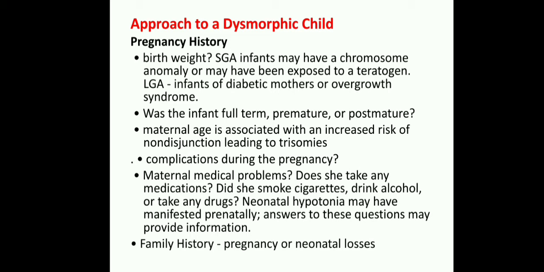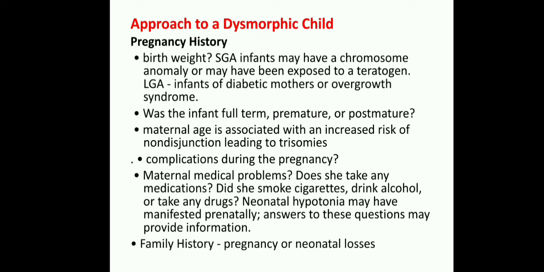And then next one is the maternal age. If the mother's age is advanced, it is associated with a high risk of non-disjunction leading to trisomies. Here, because of trisomy 21, it may lead to Down syndrome. And next one is complications during the pregnancy. We have to take complete history about the complications during the pregnancy and everything.